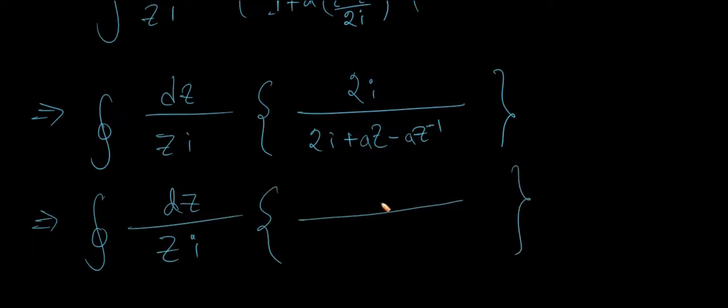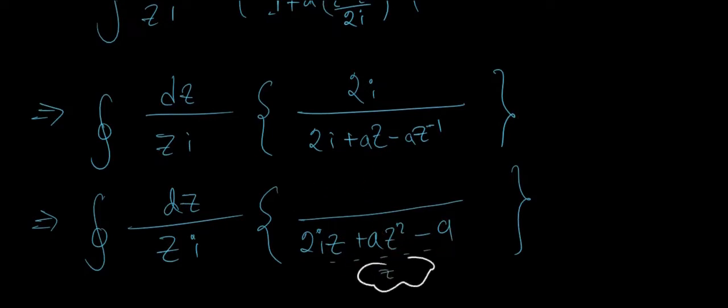So this becomes 2iz, and there will be az squared minus a, and there should be a 1. There will be a z in the denominator over here, and if you write it directly it will go upstairs. So let me just write that directly, and there was a 2i.